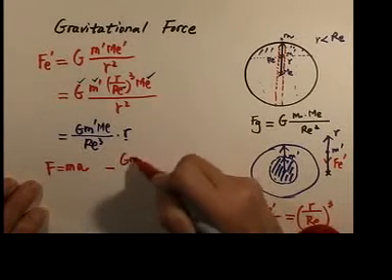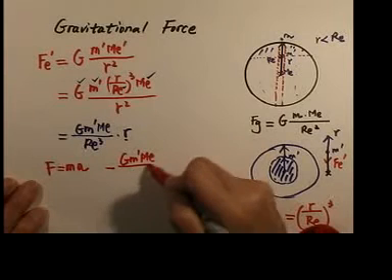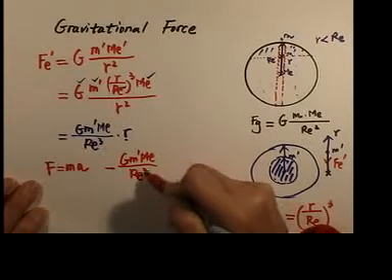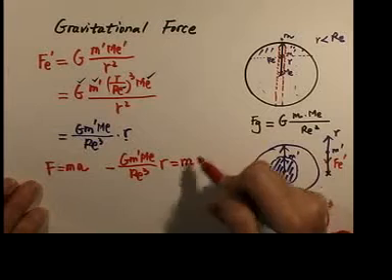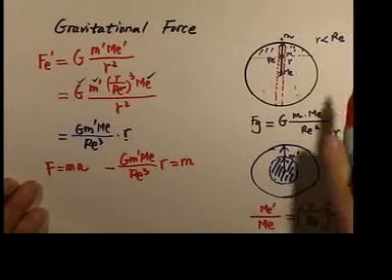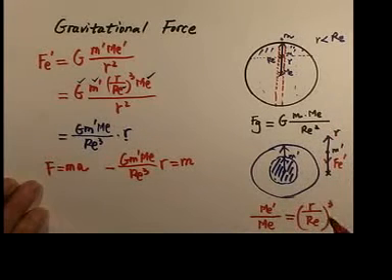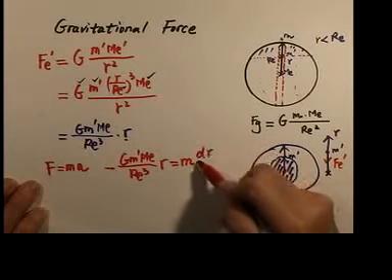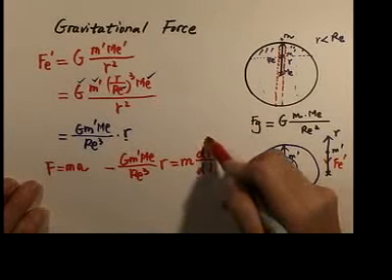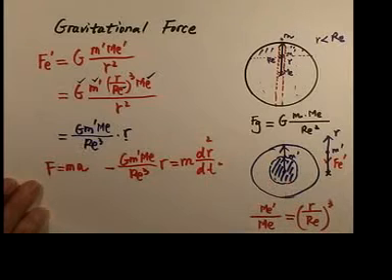Negative G M prime M over r_e cubed, and r equals to ma. Right now, since the motion will be linear, that a will be d²r/dt², the second derivative.